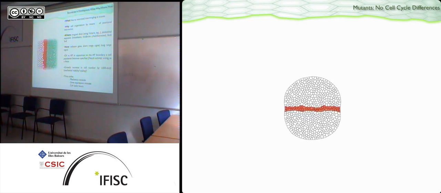Things that we can do to compare with experiments. We can characterize what is the angle of these links that are creating this cable, the difference between the cells that are setting the boundary, and I can measure what is the angle that is forming with respect to the DB axis. And we observe something like this.